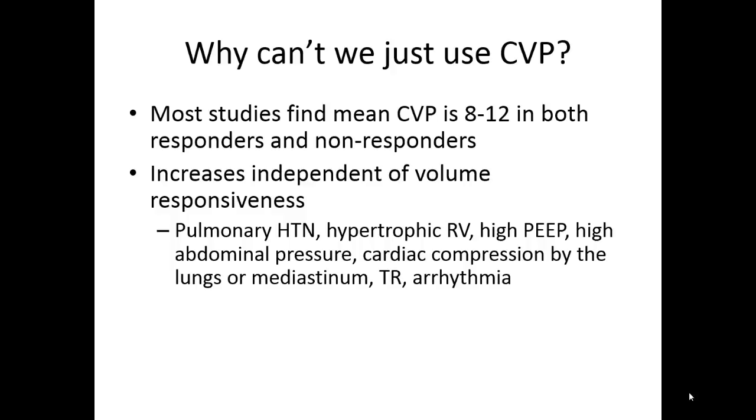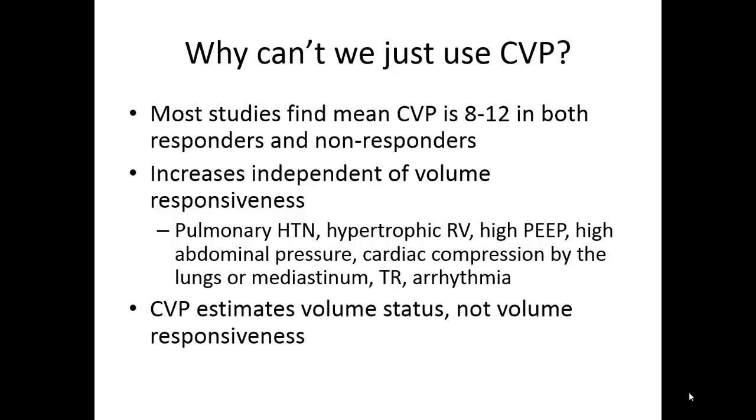All these other things, stuff that's intuitive, stuff that increases right heart pressures, pulmonary hypertension, RV hypertrophy, high peak pressures or high intra-abdominal pressures, obviously constrictive pericarditis or something pressing on the heart. All these things are going to increase your central venous pressure, and that increase is independent of whether or not the patient would still improve their cardiac output in response to additional fluids.